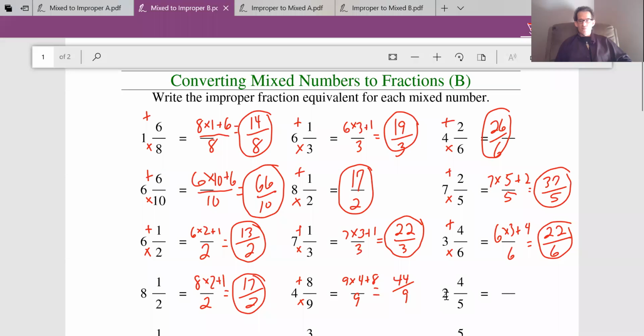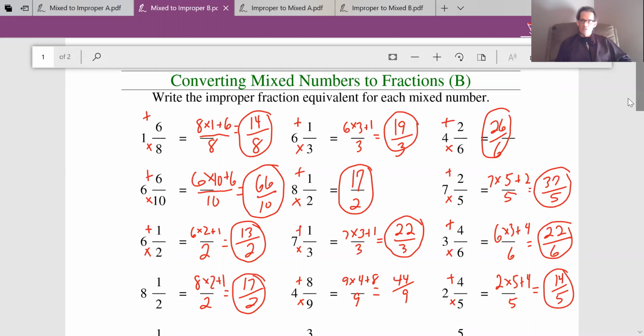And then over here we have 2.80. So I want to multiply my denominator times my whole number and add the numerator. So I have 2 times 5 plus 4 over 5. So I know 2 times 5 is 10, plus 4 is going to be 14 over 5.